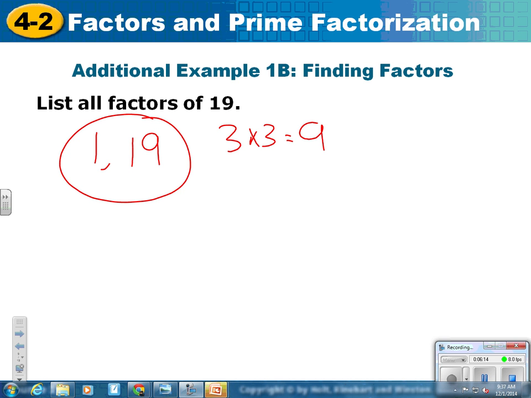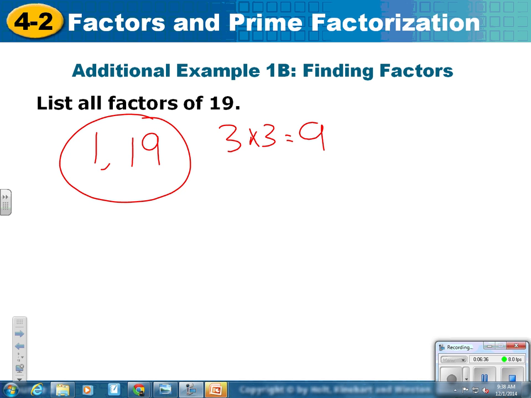No. Okay, so 14 is definitely not prime. 15? Is 15 prime?